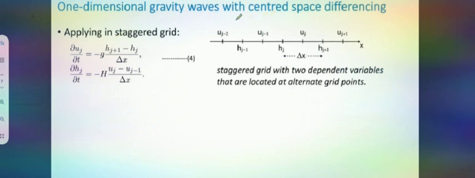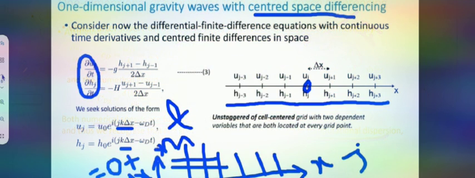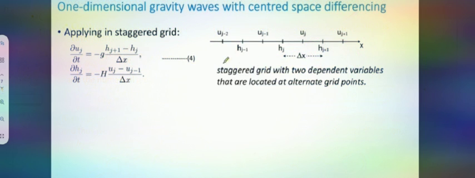Space differencing we did, that was for the unstaggered, this is the cell center. We are familiar with what is cell center and what is a staggered grid. Now simply draw the staggered grid. See, this is the grid. Alternate, you have to put it.